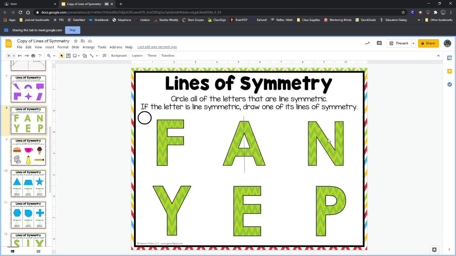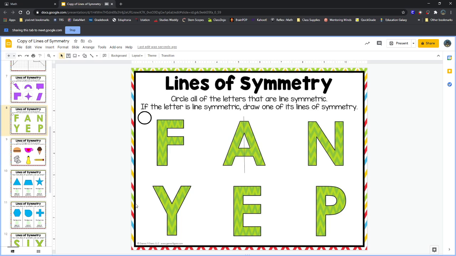Any place I try to draw a line on the letter N, I wouldn't get the same size, same shape on both sides of my letter. The letter N has no lines of symmetry.